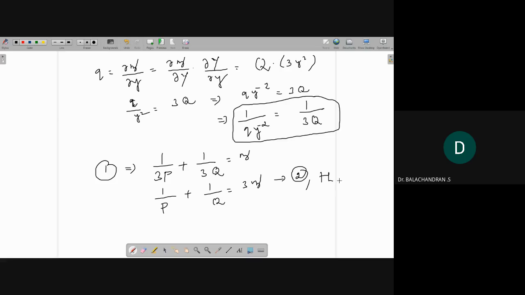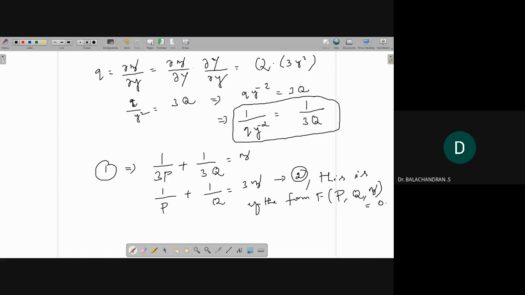This is of the form capital F of capital P, capital Q and small z equal to 0.